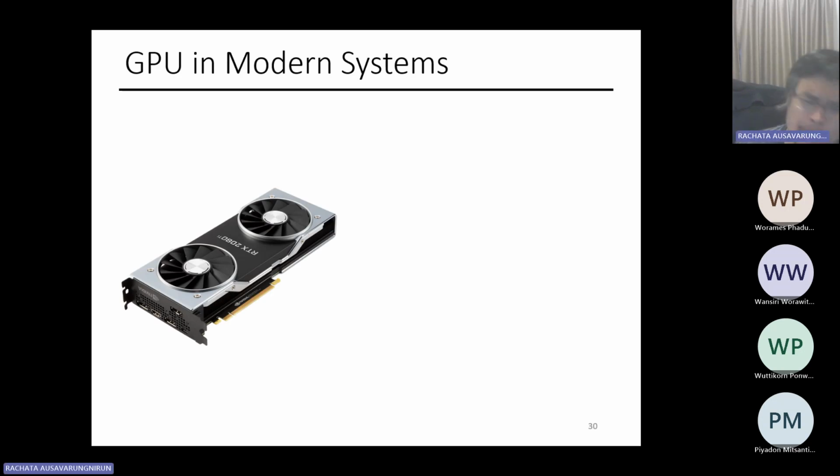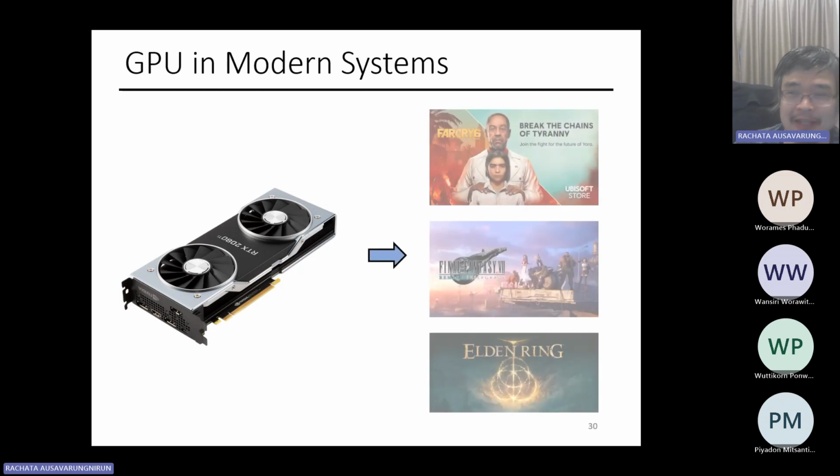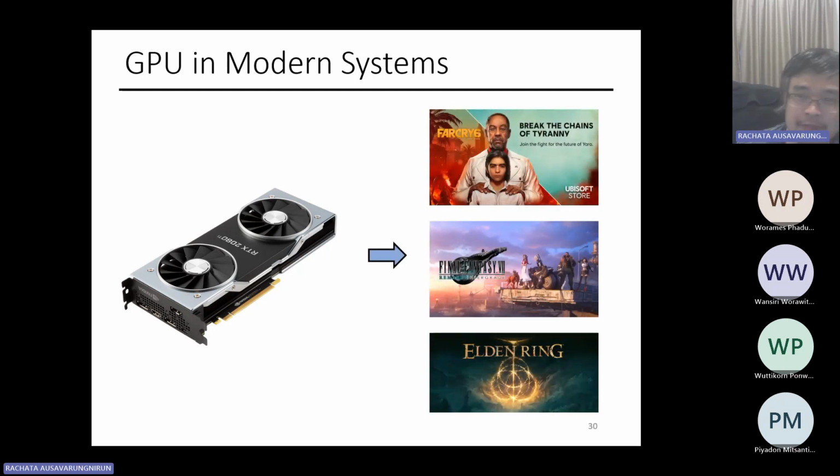So whenever I buy a GPU, right, this is an older card, 2080 Ti, one of the really good graphics cards back in the day. It's still a really good card right now. I would be happy if I have this and I use it to play some of these games, right? So I can fight Tyrant in Far Cry, in the virtual world.